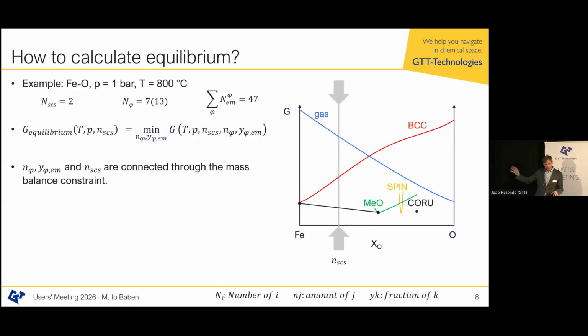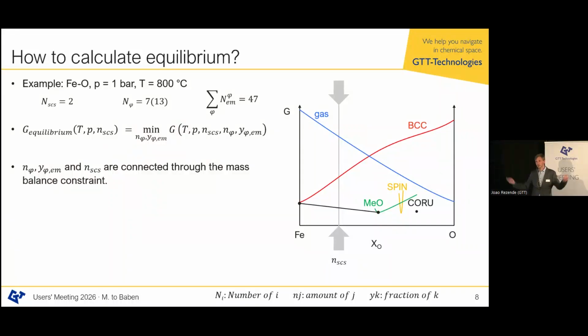Now, what I'm describing here with this minimization, it was so trivial, right? What I have described is actually the constraint. We have a constraint that is active when we go through the amounts of phases phi and the fraction of end members in these phases phi. And this is connected through this mass balance constraint with the amount of system components that we have.